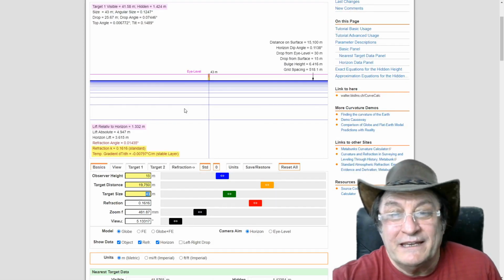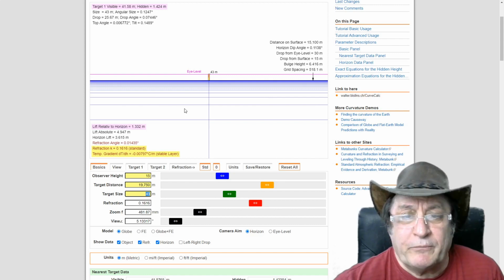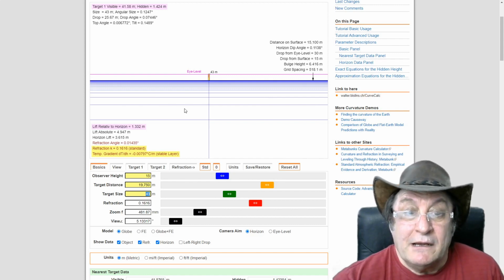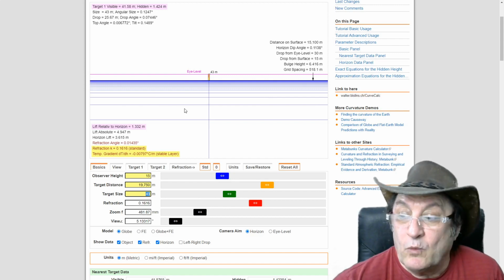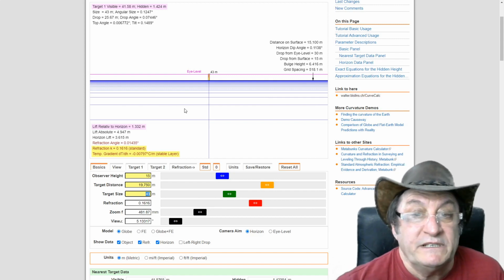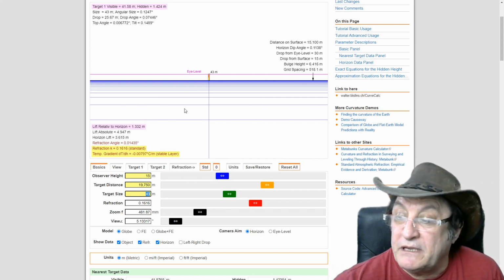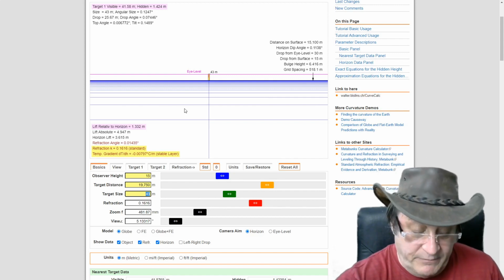Now, given the atmospheric conditions on the day, the temperature was 24 degrees, and given the barometric pressure on the day, I've worked out that the index of refraction is 0.1616, and I've used one of those formulas that Walter Bislin has published there on the previous page. And so I've calculated what the expected drop is on both locations.